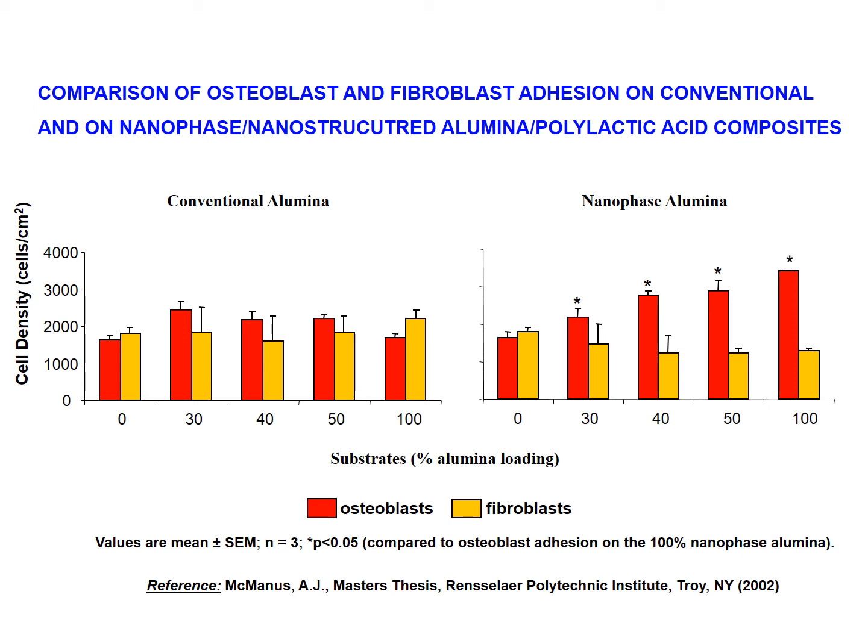However, the red bars, which reflect the adhesion of osteoblasts on the respective substrates, increase with the increasing concentration of the ceramic, and it was maximum on the 100% nanophase alumina.